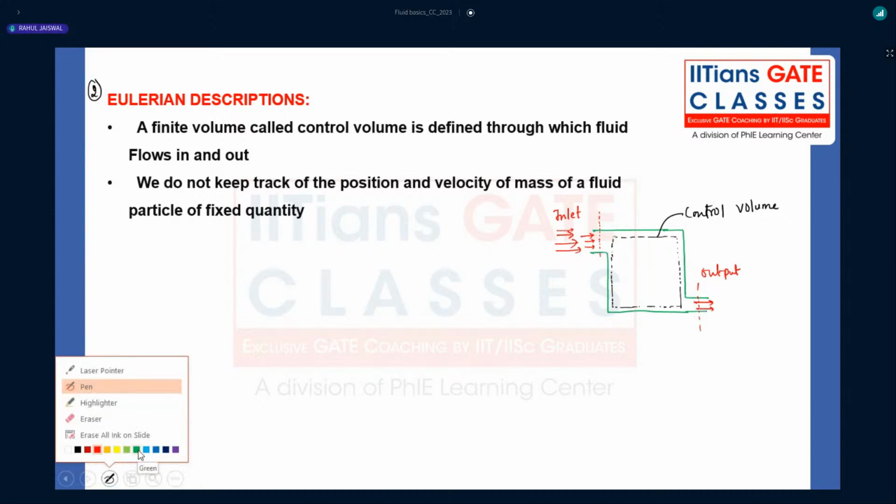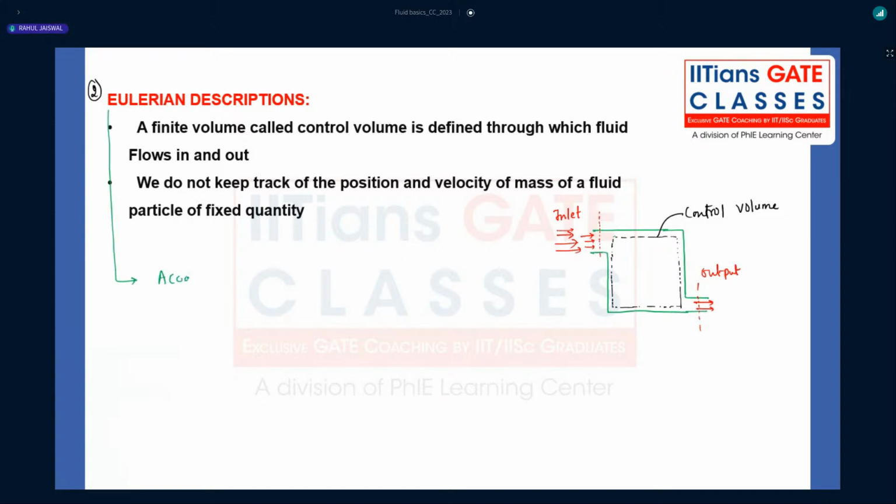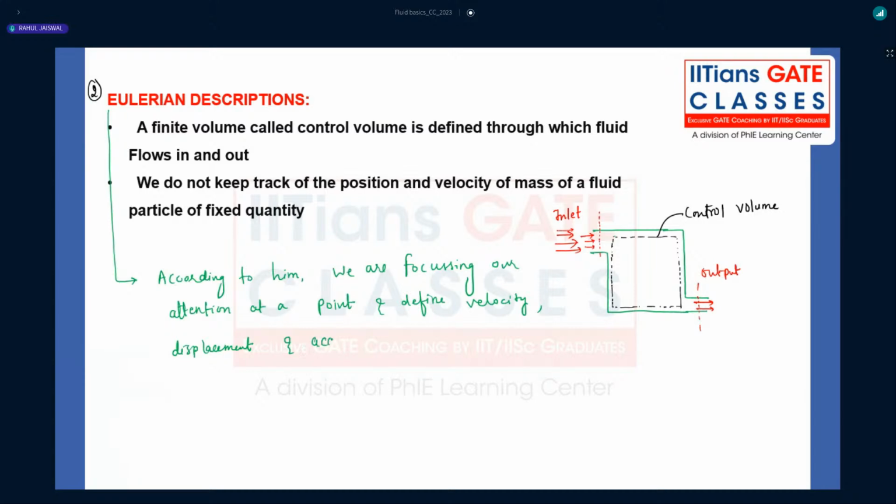So what the Eulerian description says is that we are focusing our attention at a point and define the velocity, displacement, and acceleration at that point.